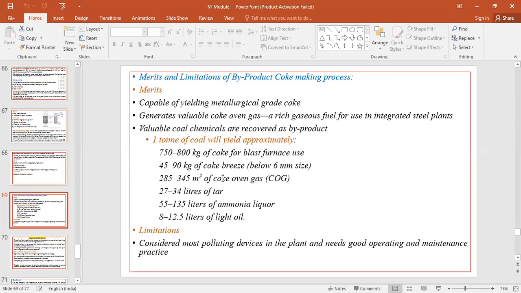And the disadvantages, the limitations, are these.